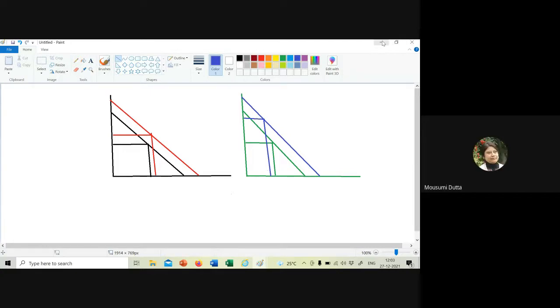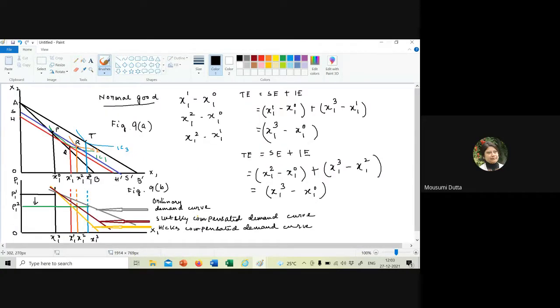So this I am telling you now. Actually this is the higher budget to begin with, and therefore you will buy more of a normal good if it is a normal good case, and if it is an inferior good, you will buy less. Though the commodity becomes cheaper, your rationality suggests it is an inferior good, and therefore you will increase consumption.